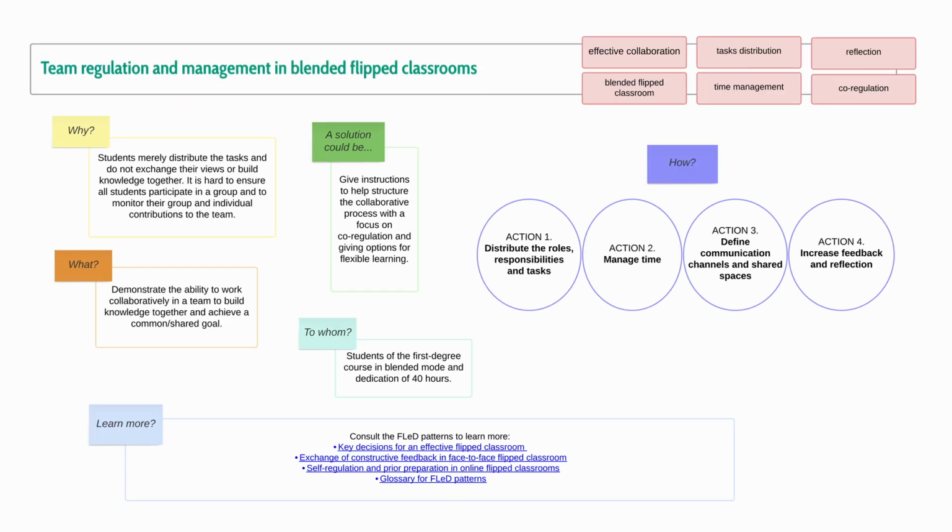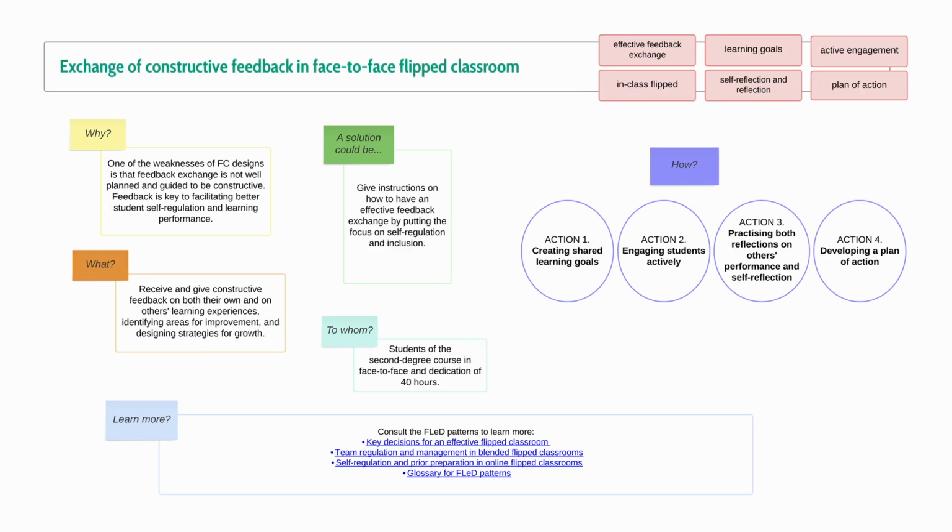The third one helps with team regulation. And the last one gives important indications about the exchange of constructive feedback. You can find them at the link on the bottom.